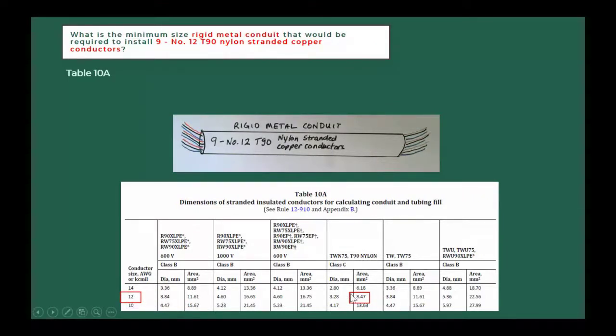So now it's very important that you find the area of the conductor first, the area, not the diameter, the area. So that's the first thing. I find the area of one conductor. There's 9 of them in there. So I got to take 9 times 8.47 millimeters squared. I get 76.23 millimeters squared.